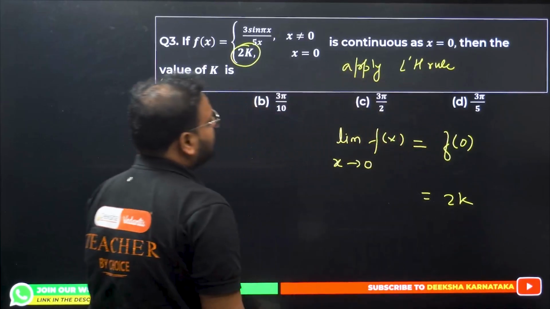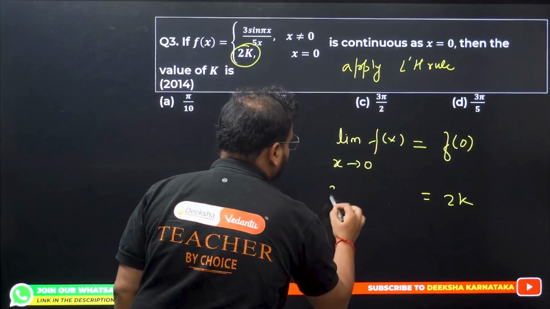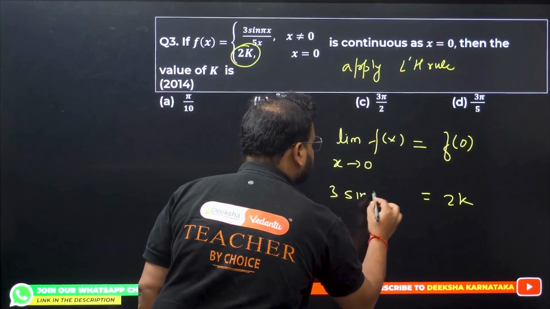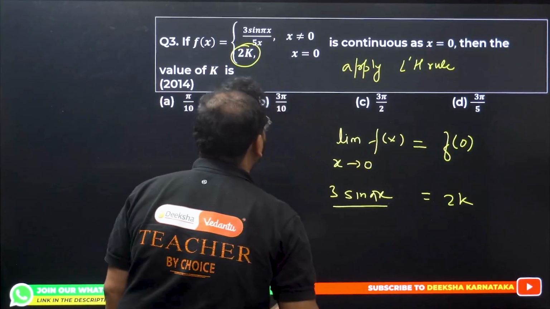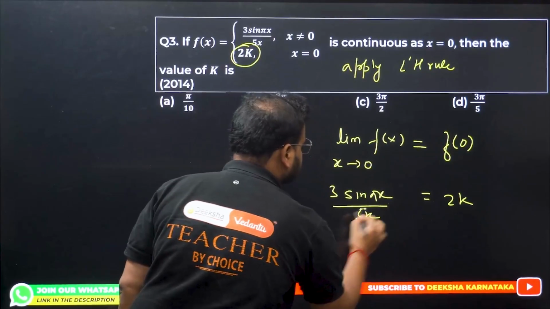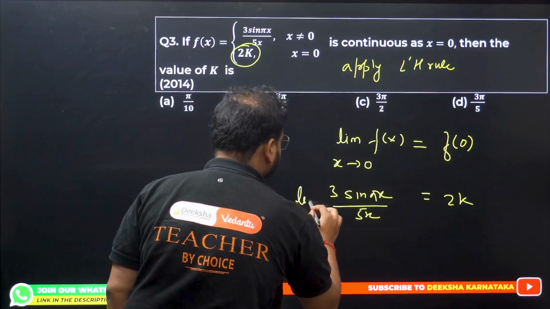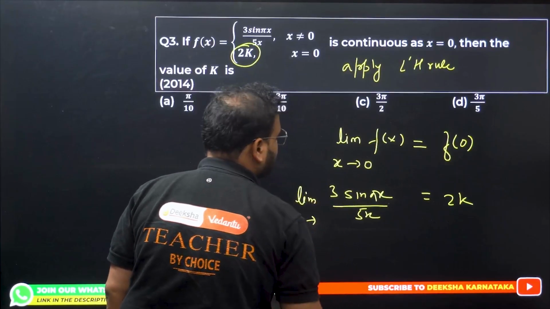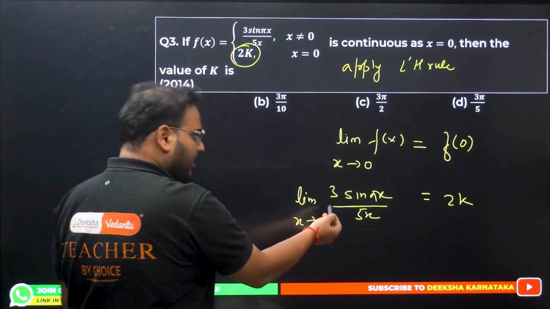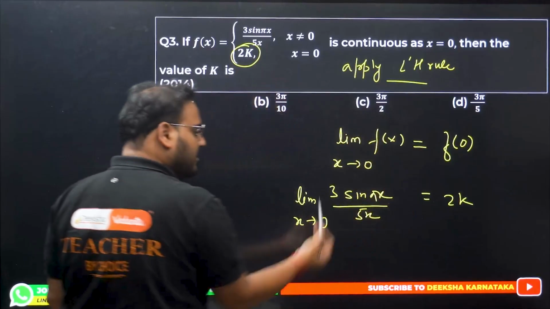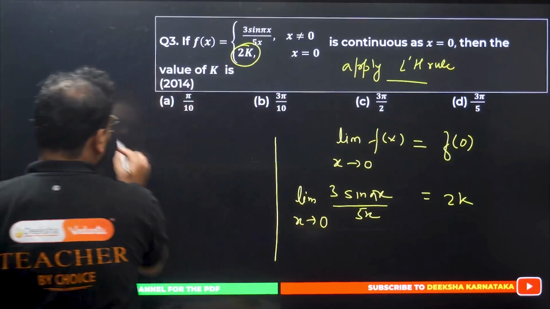Okay, and limit of this will be what? 3 sin(πx) divided by 5x, and we have limit x tends to 0. What I said, use the LH rule, mean differentiate under the limit. Have a look. You will have 3 as it is.